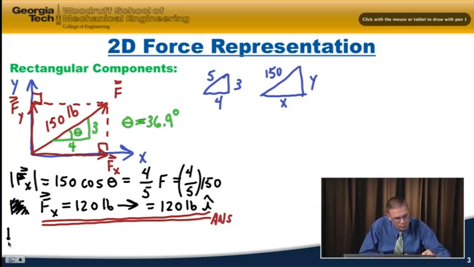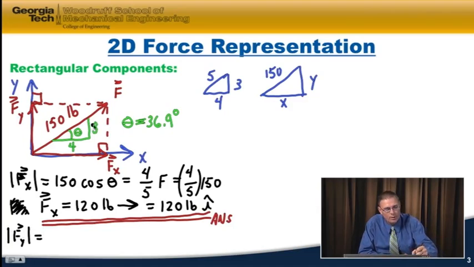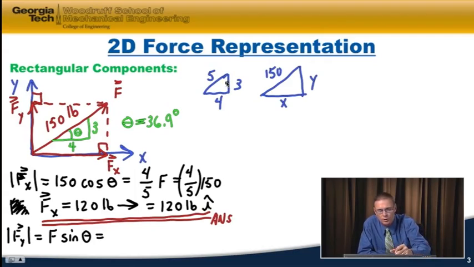Similarly, we can do the y component. And so the magnitude of F sub y now is equal to the opposite side over the hypotenuse, or the sine. So this would be F sine of theta, or I could put in F as being 150 pounds. And using similar triangles, the F sub y component corresponds to the 3 side of the 3, 4, 5 triangle. So that would be 3/5 of F, or 90 pounds.